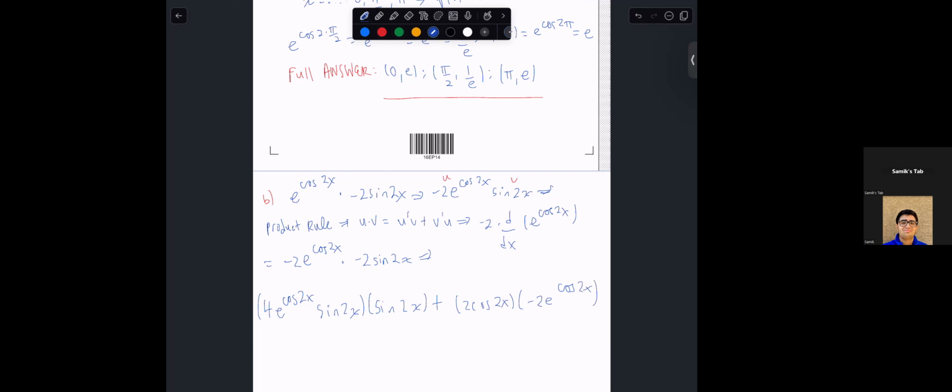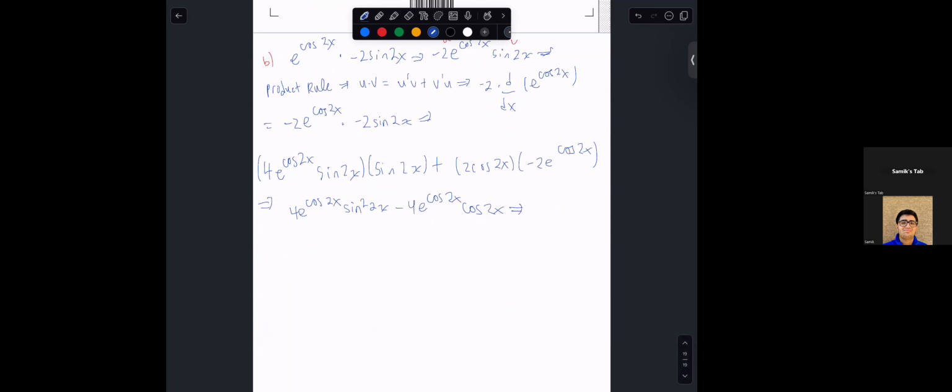Okay, so now we can simplify this. 4e^cos 2x sin square 2x, because this is the whole square of sin 2x, so we can square it like that. Minus 4e, because minus 2 into 2, so minus 4e raised to cos 2x into cos 2x.